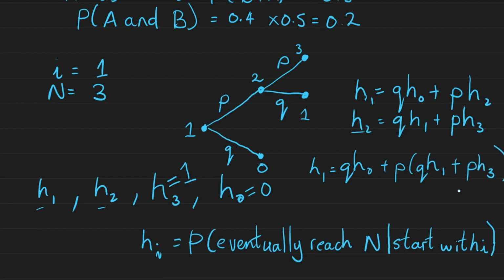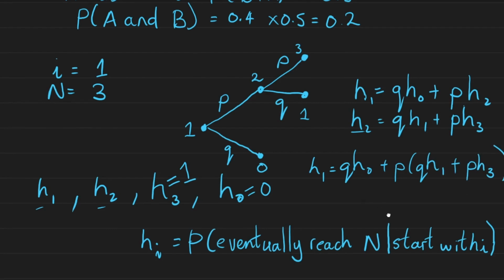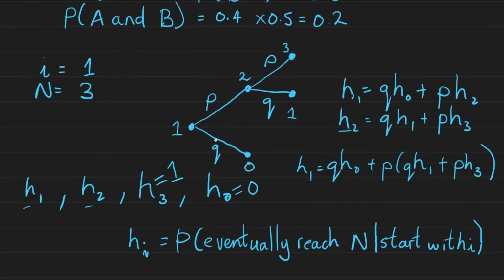This equation corresponds to just adding up all of the branches. Q times H0 is that branch, then P times Q times H1 would correspond to that term, then P times P times H3. So that branch plus that branch plus that branch: 3 terms.